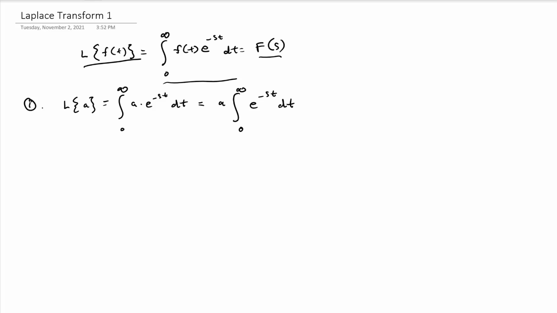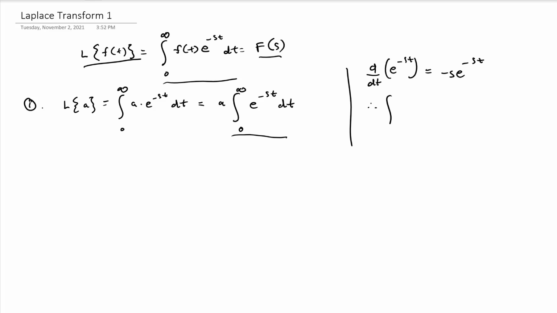Now, we need to find the integral of e to the minus s t. Recall that the derivative of a function e to the minus s t is minus s e to the minus s t.